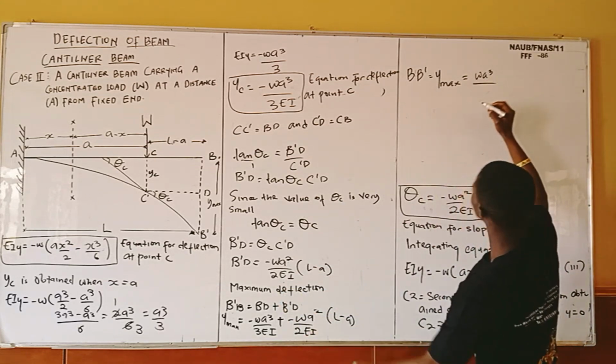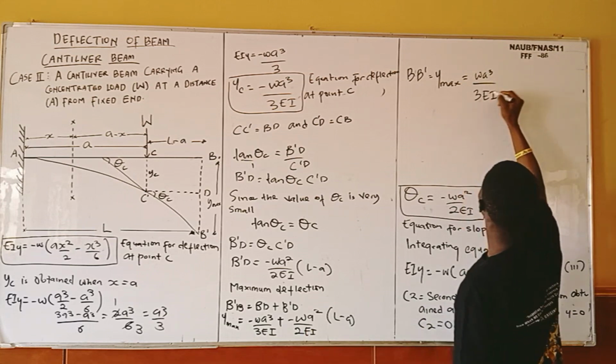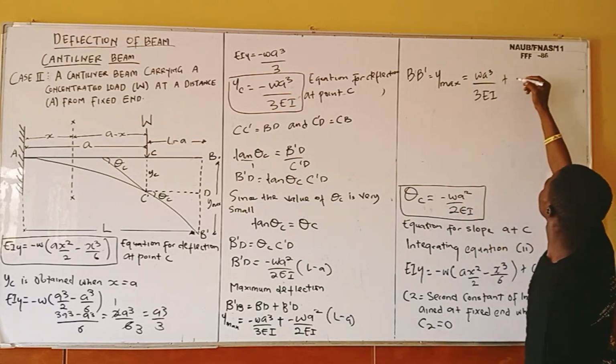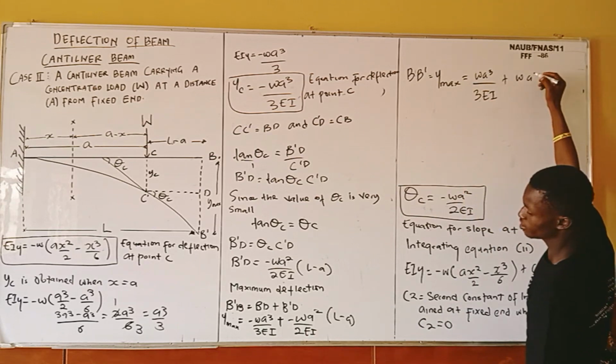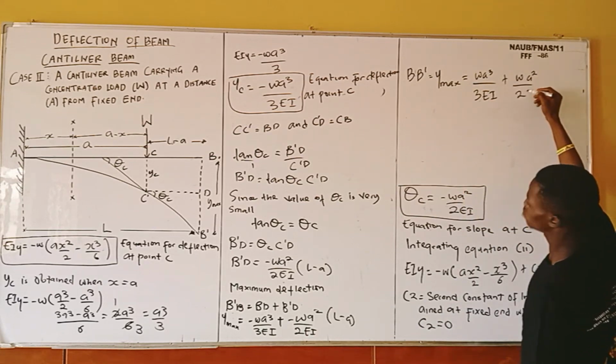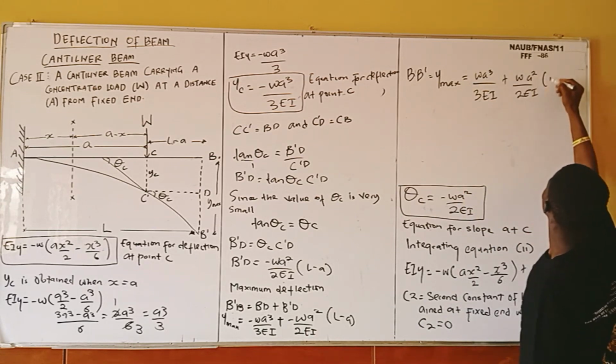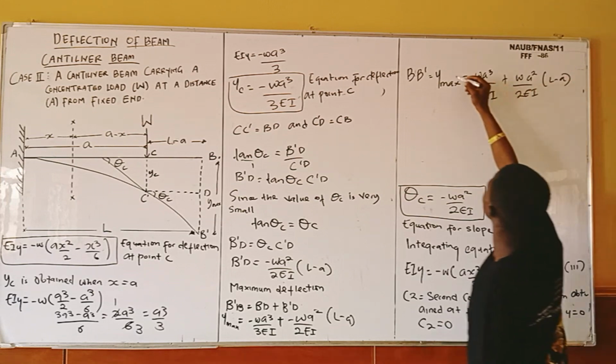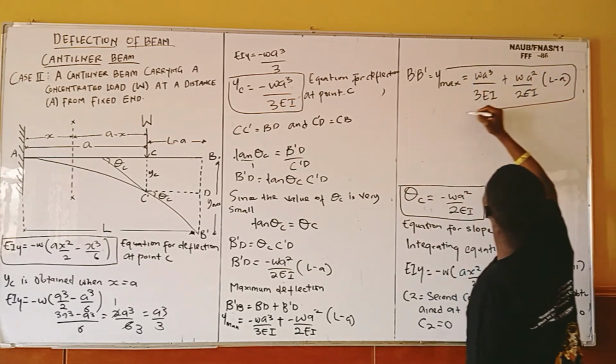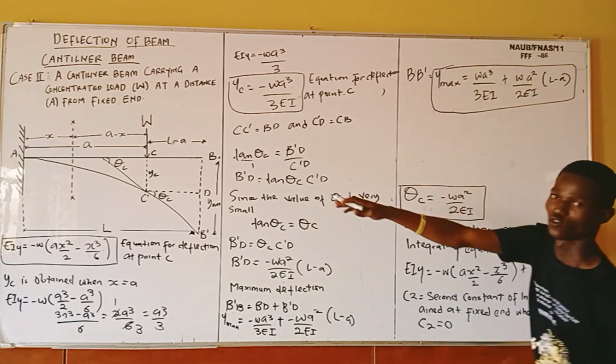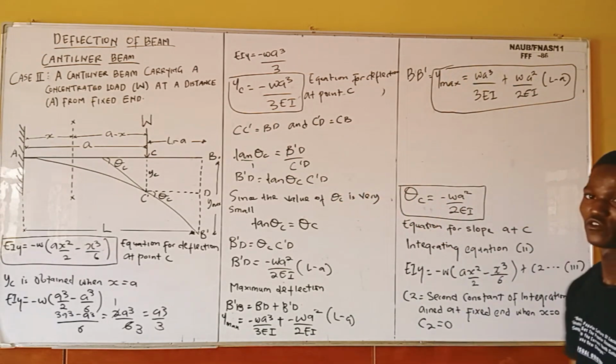So we have WA cube over 3EI plus WA square over 2EI times L minus A. So this equation now is the equation for maximum deflection at any section of this beam.